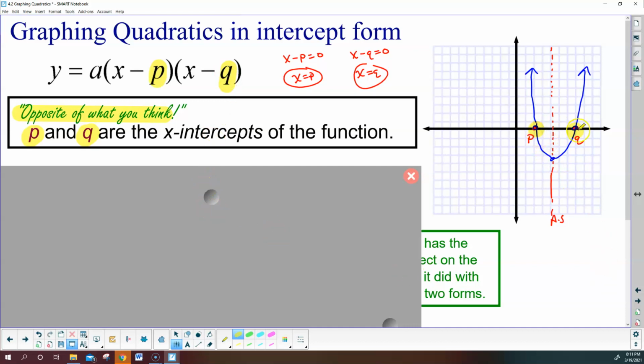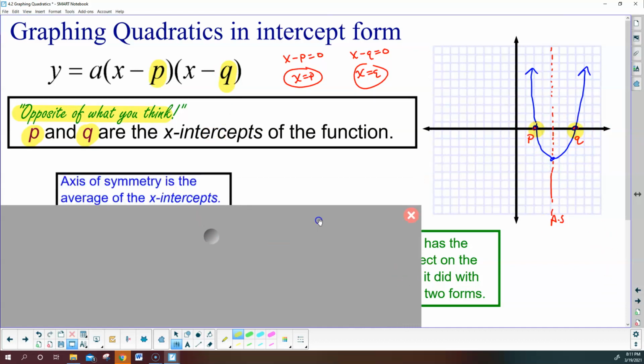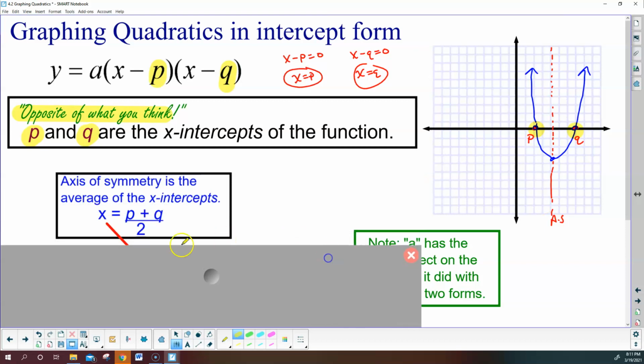So then I have p and q, and I can find the average of p and q to find the axis of symmetry. Right? The axis of symmetry is just the sum of p plus q divided by 2. And that will give me this dotted vertical line right here. And we know that the x value of our vertex lies on that.